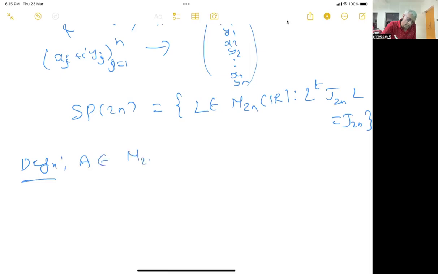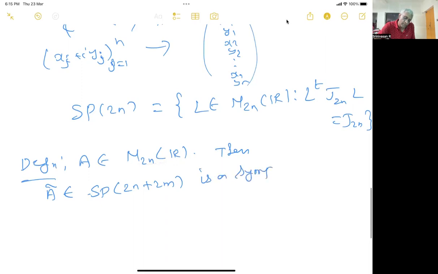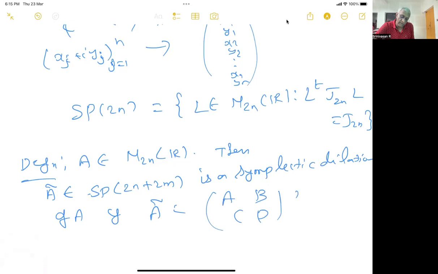A is a 2n cross 2n matrix over R. Then an A tilde in the symplectic group sp(2n plus 2m) is a symplectic dilation of A if A tilde looks like this: A, B, C, D, where of course A is in M2n, B is in M2n cross 2m, C is in M2m cross 2n, and D is in M2m.